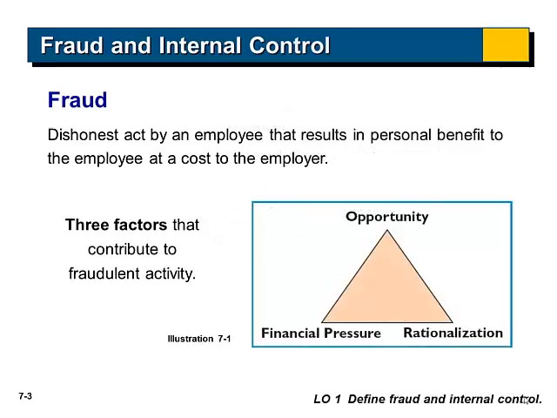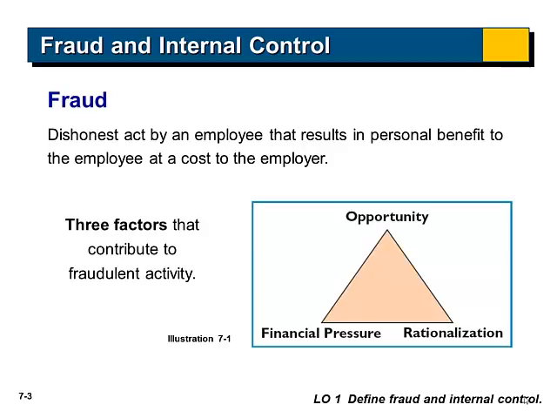Okay, so the very first thing I want to do is define fraud. Most of us use the term fraud pretty loosely in our everyday life, or I hope you don't encounter fraud in everyday life, but we basically know what fraud means. In the accounting and business world, we have a little tighter definition of fraud. It's defined as a dishonest act by an employee that results in personal benefit to the employee at the cost of the employer.